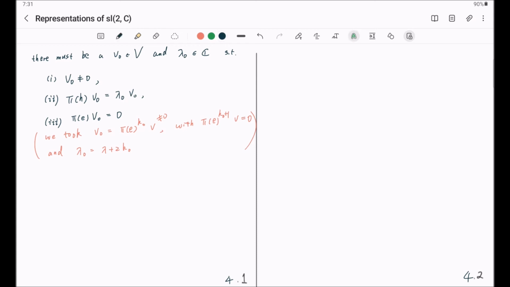Now here comes the next tricky part. We have used H and we have used E, but we haven't used F yet. Now here comes the F. Now define v sub i as pi of F raised to power i applied to v naught.